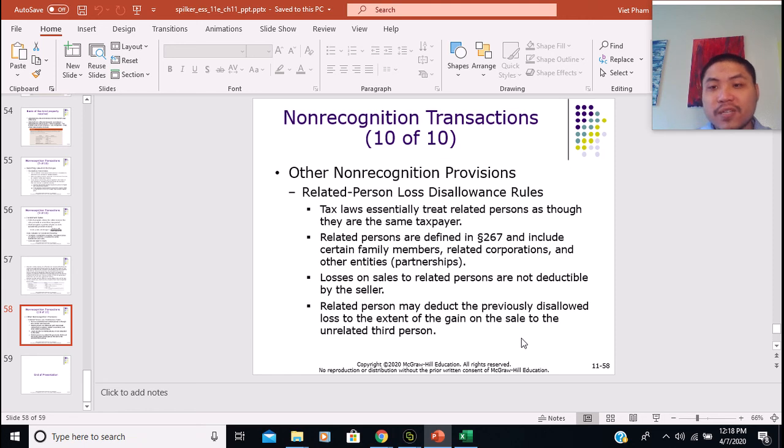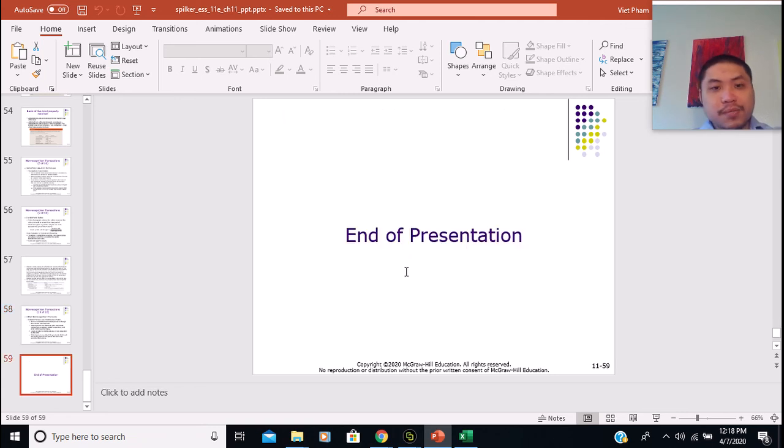Whatever loss was disallowed to the initial seller, the related person can recognize later in the future. That's why it can be considered a deferred version of loss. So yeah, that's it.